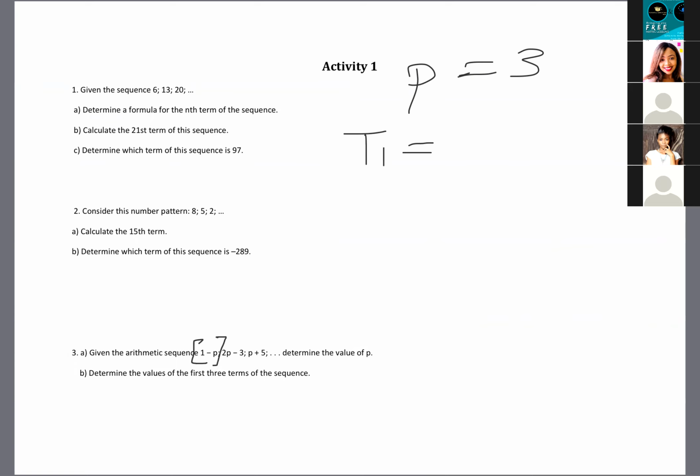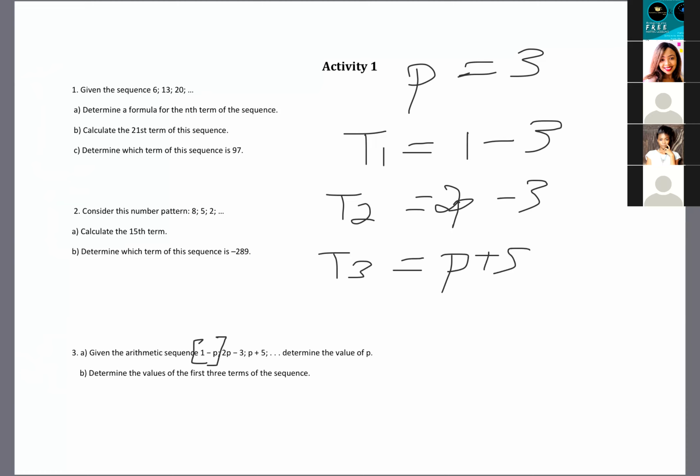So I'm going to say T1 is equal to 1 minus, and then whenever I see P, I just substitute the 3. And then T2 is equal to 2P minus 3. And then T3 is equal to P plus 5. So my T1 is going to be negative 2.